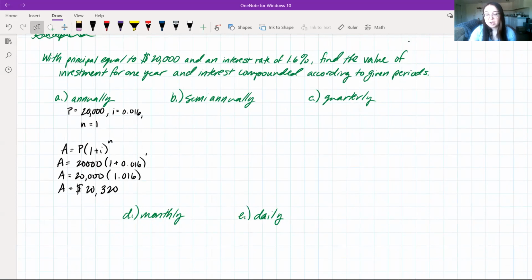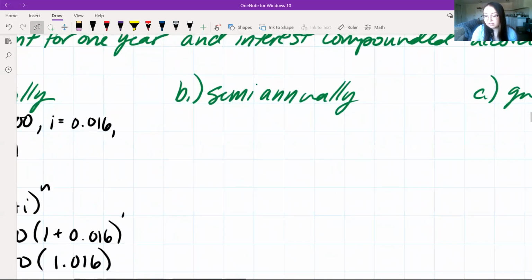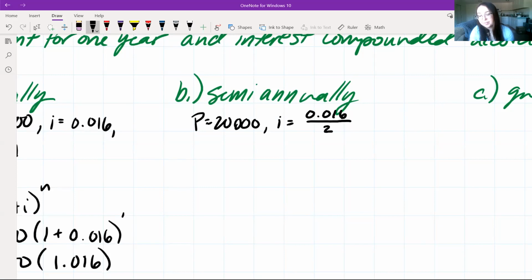Now let's do semi-annually. So we have the same P value, still 20,000. Since we're doing this semi-annually, this means 2 times a year, so m is going to be equal to 2. So our i value is going to be 0.016 divided by 2, and then our n value is also going to be equal to 2.